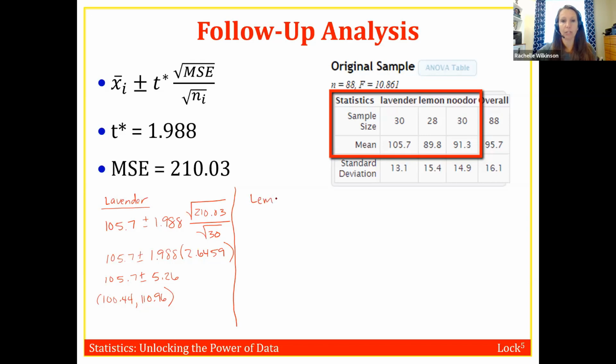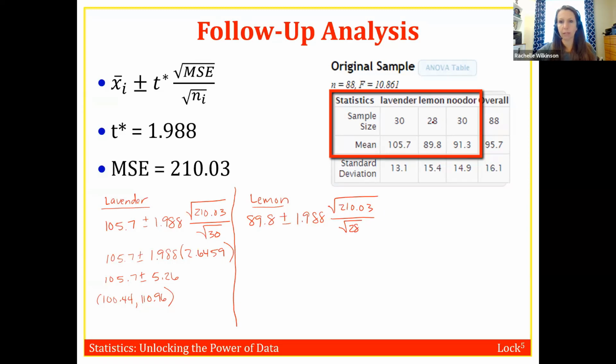So I'm just going to keep chugging along over here. If you run into any problems or if you have any questions, feel free to jump on the chat window and let me know while we're going along. Okay, so for lemon, my mean was 89.8. So I'm going to have 89.8 plus and minus my t-star, 1.988, times the square root of 210.03 divided by the square root of 28.